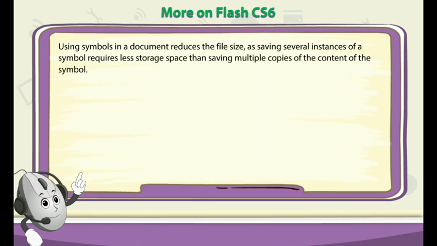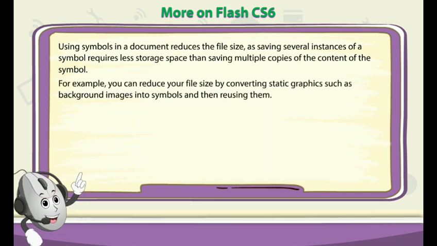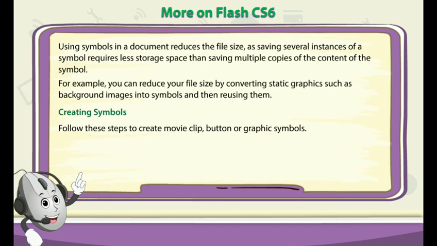Means the instances or copies of a symbol take less space, so it is easy to save. For example, you can reduce the file size by converting static graphics such as background images into a symbol, using and reusing them. So once we create our object, we can reuse it.